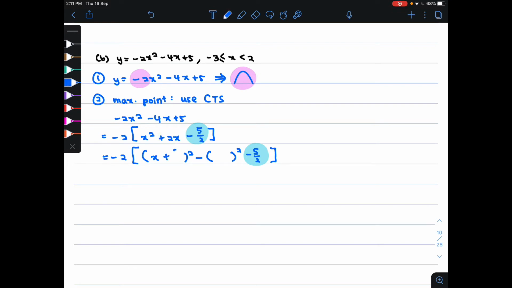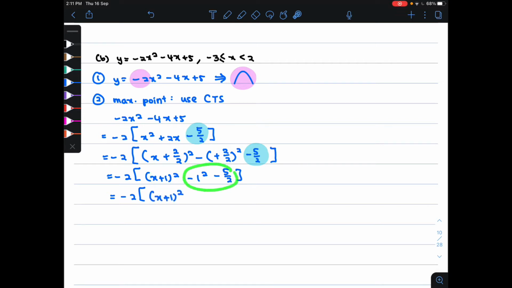So, +2 divided by 2. Salin balik ini kat dalam ni. -2 salin balik. Yang this one salin balik, jangan pergi expand. Kalau kamu expand, kamu dapat balik yang asal. Okay? So, this one sentiasa salin balik.